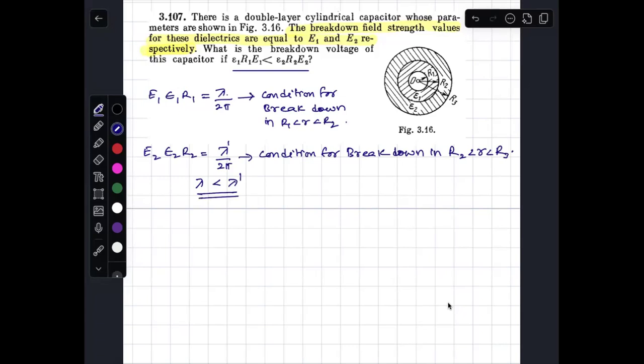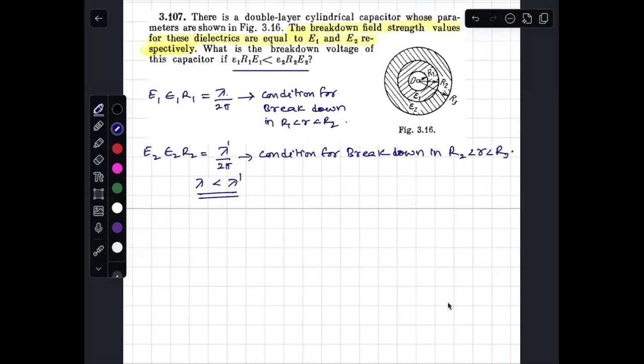Okay, what is the meaning of this? If I pick lambda as my charge per unit length, what happens? Breakdown will happen in which part first? Lambda less than lambda dash. You can't make lambda equal to lambda dash.